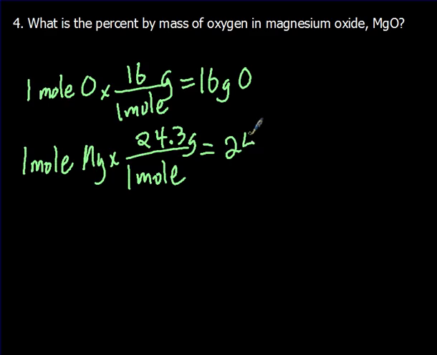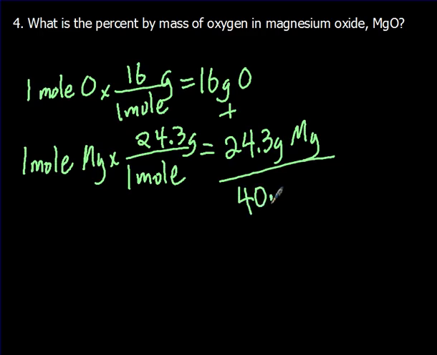So again, this is just 24.3 grams of magnesium. To get the mass of the whole thing, you just add these two together. So 24.3 plus 16. You can see that's 40.3 grams of, again, this is the whole thing, so MgO.